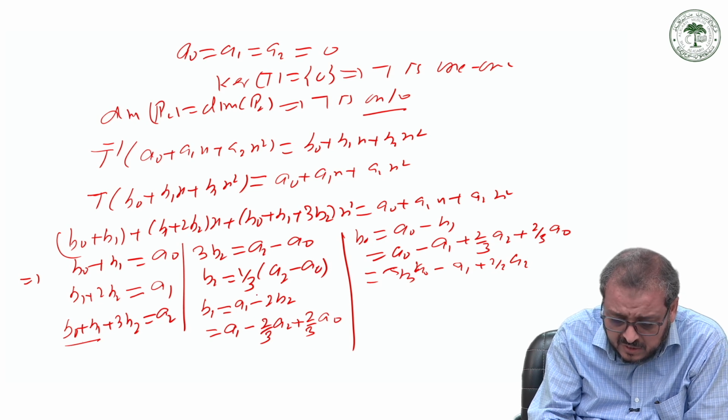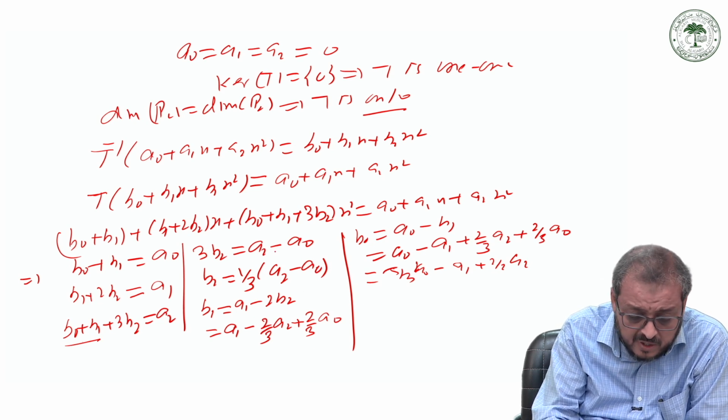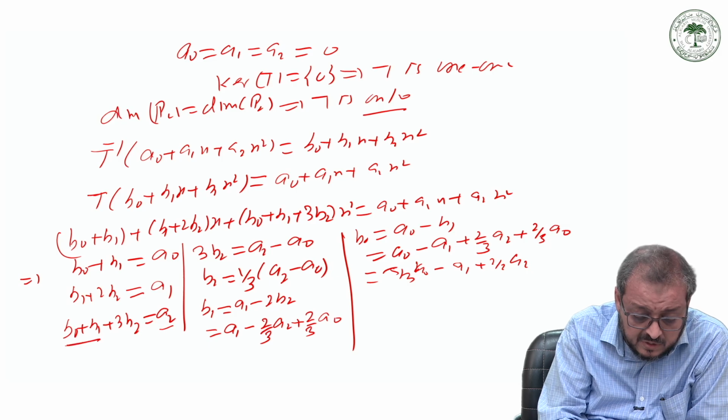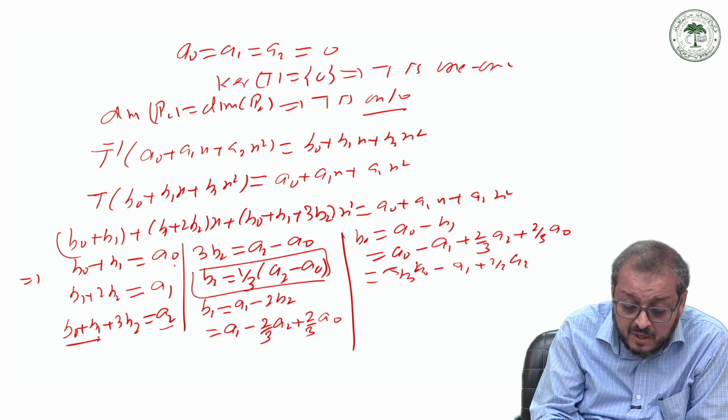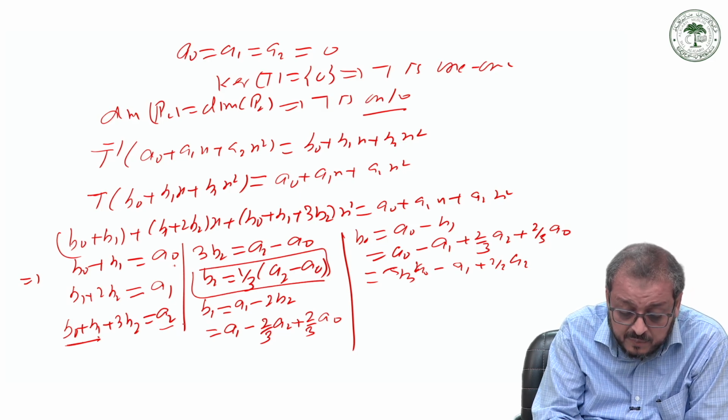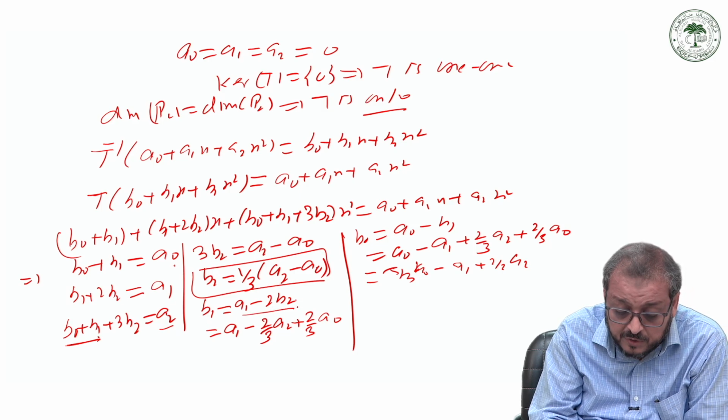So this is clearly a2 minus a naught, and b1 is equal to a1 minus 2 times b2.